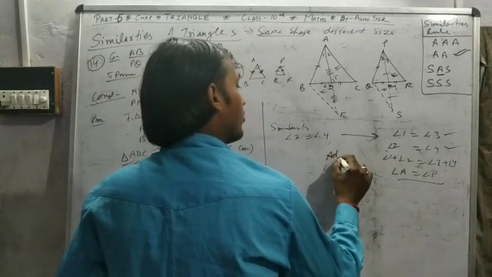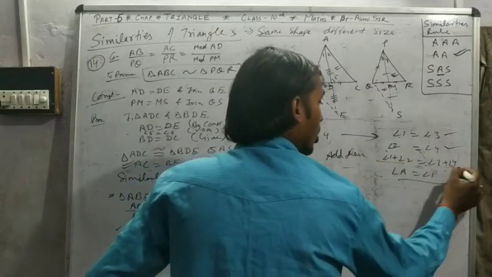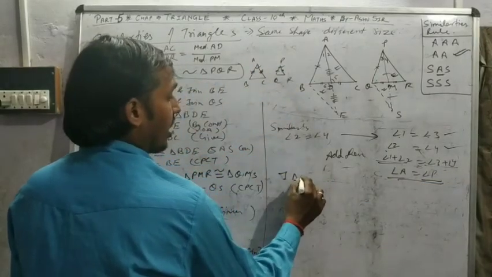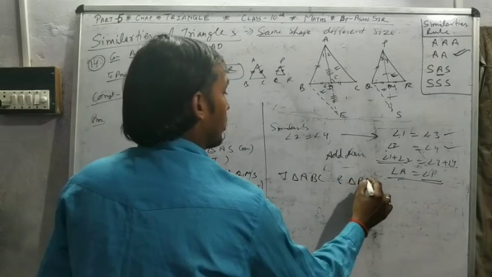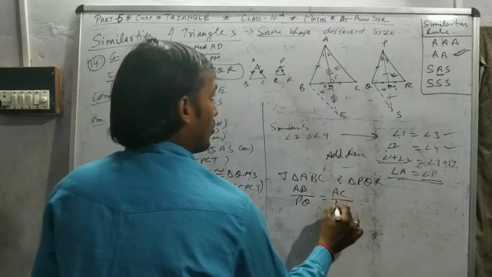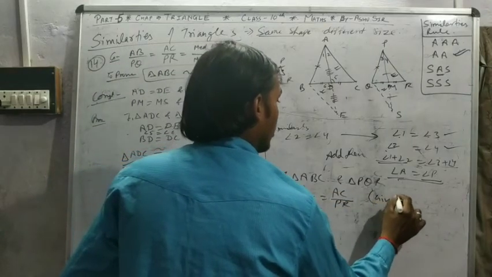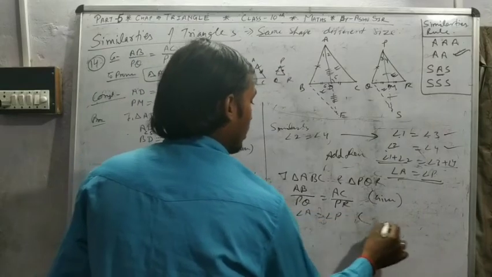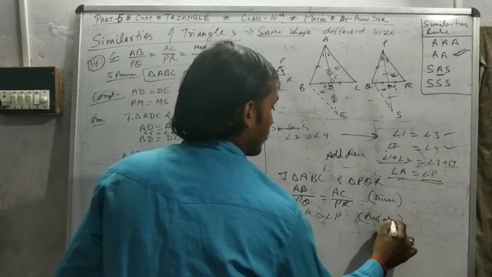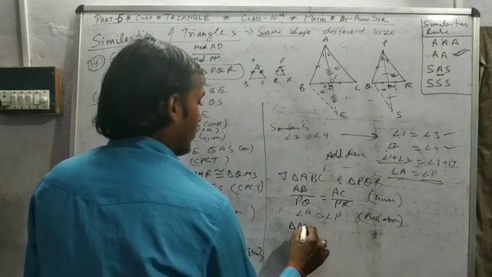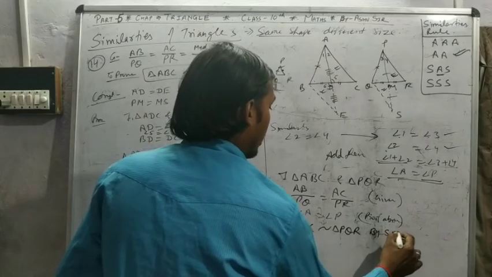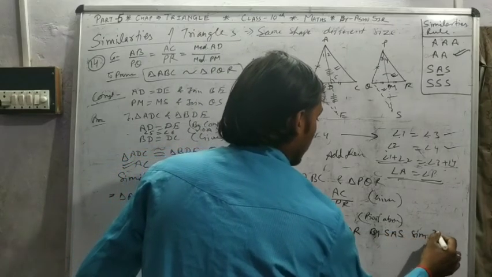So add them. 1 plus 2 equals 3 plus 4, and 1 plus 2 make angle A, and 3 plus 4 make angle P. Then we take triangle ABC and triangle PQR, AB upon PQ and AC upon PR, given, and angle A is equal to angle P, also proved above. So triangle ABC is similar to triangle PQR by side angle side similarity.